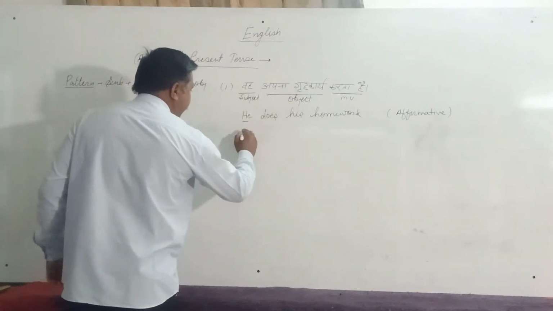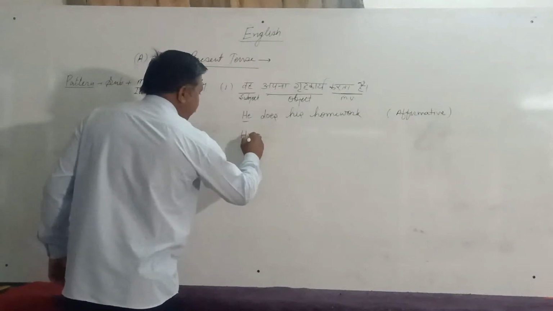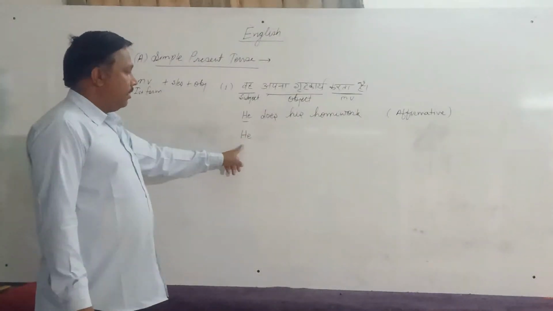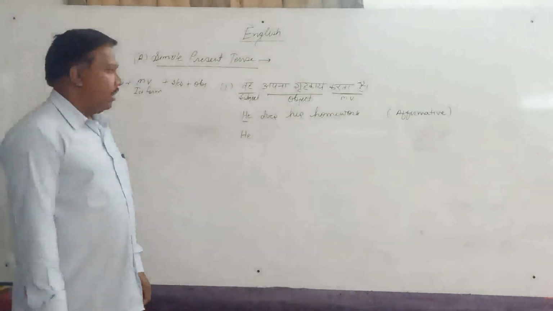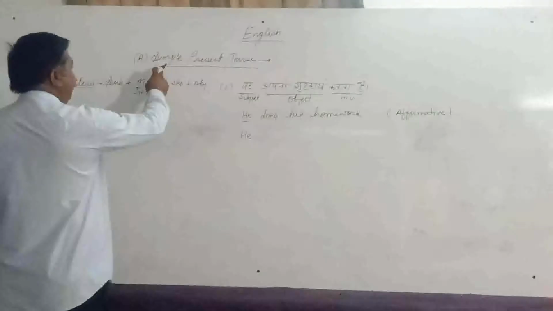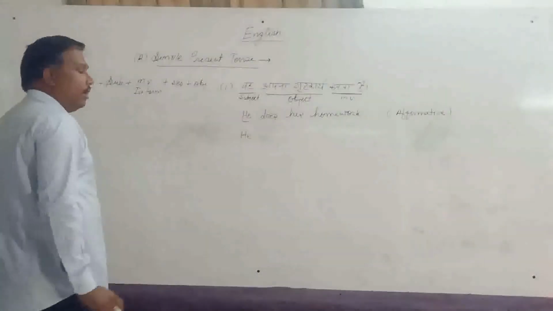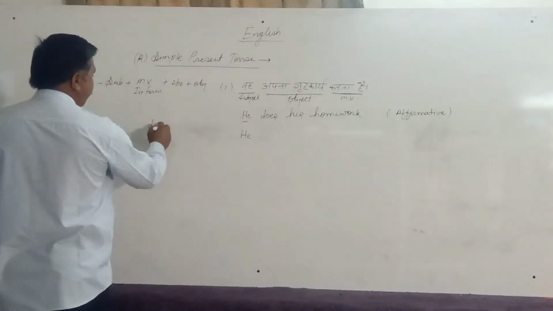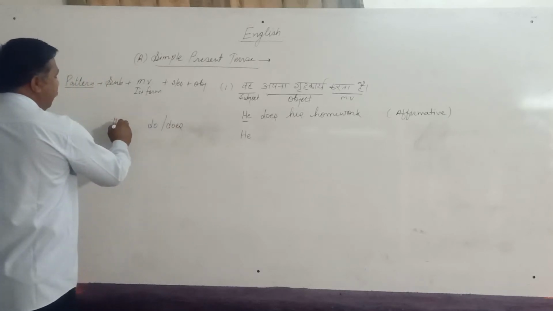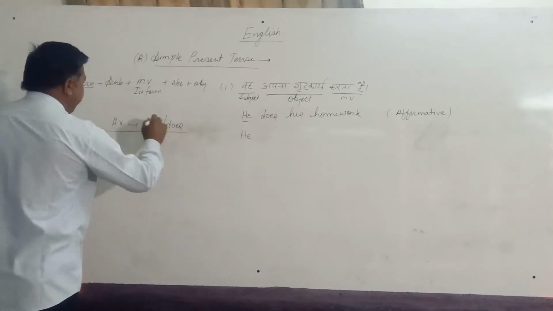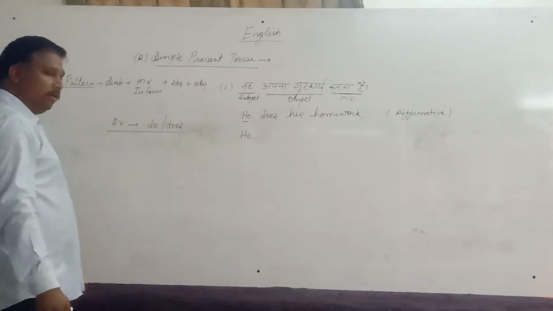Here after he we will apply helping verb. Helping verbs of simple present tense are do or does. These are the helping verbs of simple present tense. Okay?